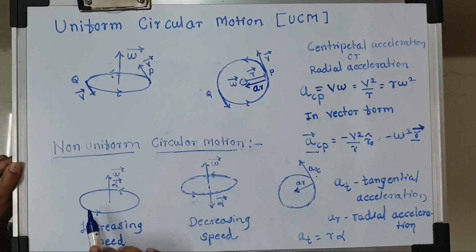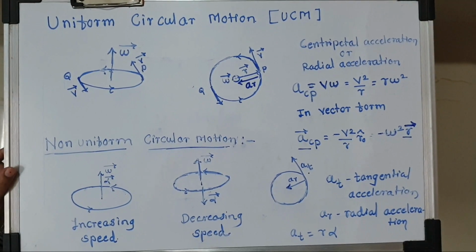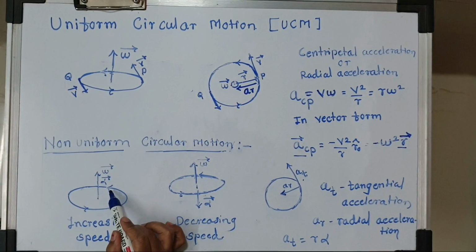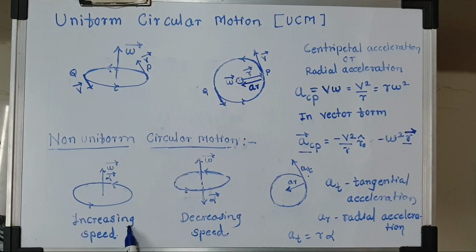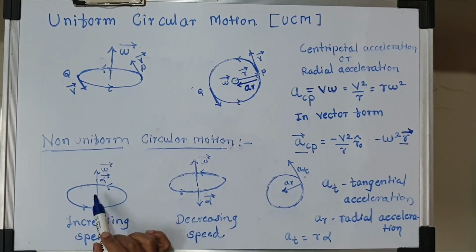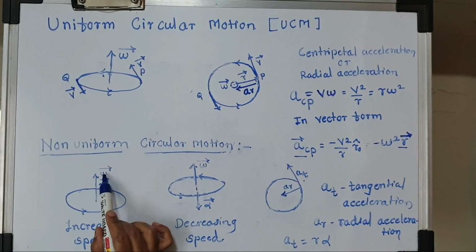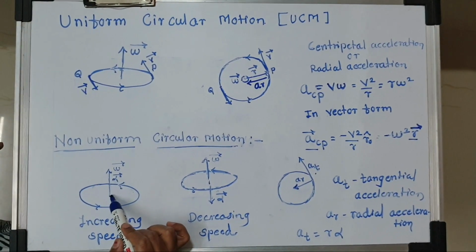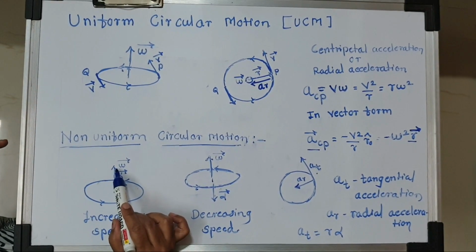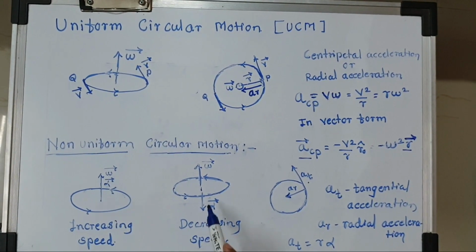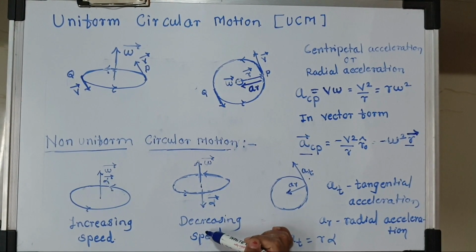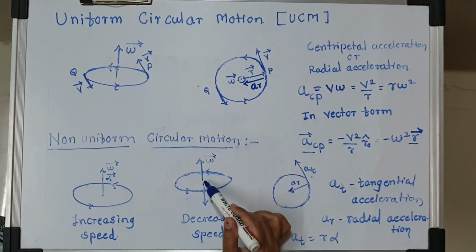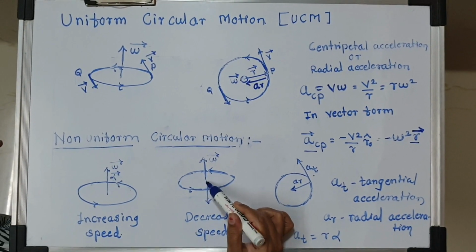Now, see, these two diagrams are indicating when we are switching on the fan, in this case speed is increasing. When we are switching on the fan, the angular velocity and angular acceleration both are in the same direction, okay, but when we are turning off the fan, the angular velocity and angular acceleration are opposite.